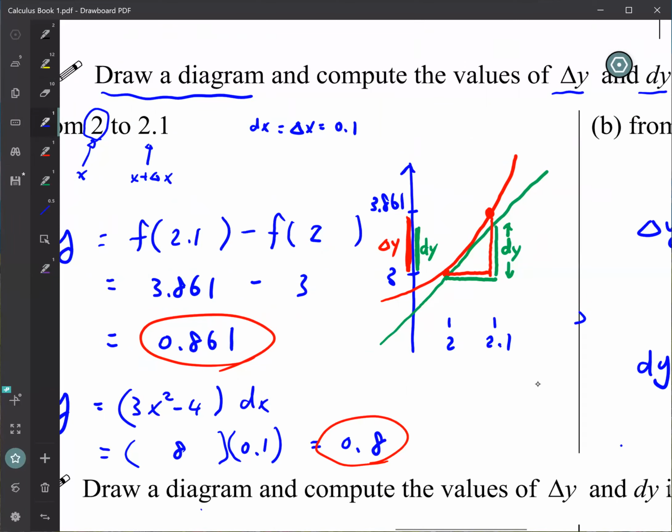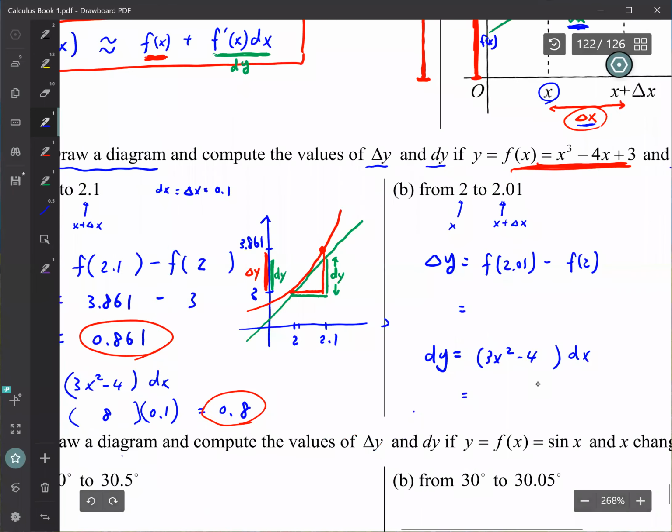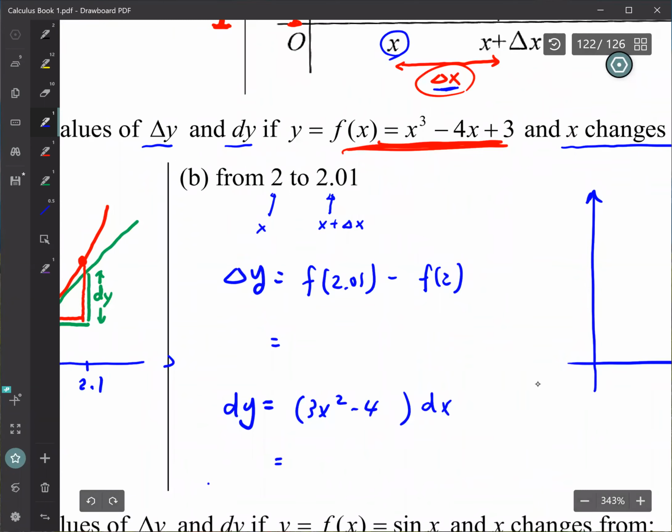Okay, we are all done, right? Let me draw this again. 2.01 will be somewhere here, so it's really, really close. So what's the answer for delta y here?